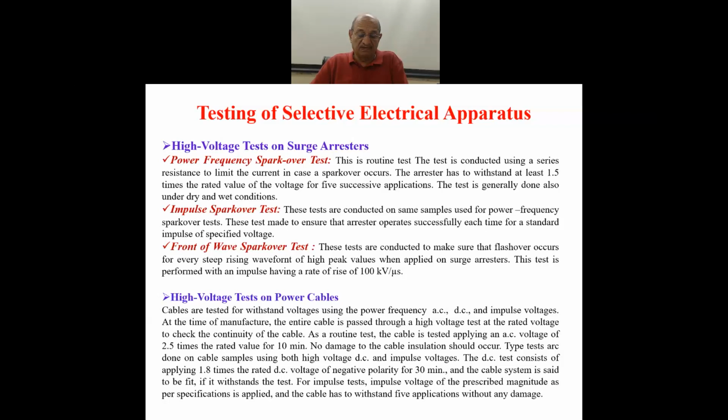There are certain tests for continuity of the conductor, routine tests, as I mentioned, during the manufacture. Then 2.5 times U naught is applied for 10 minutes in power cables, and DC tests are performed on power cables at site.